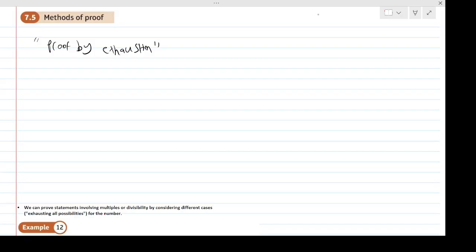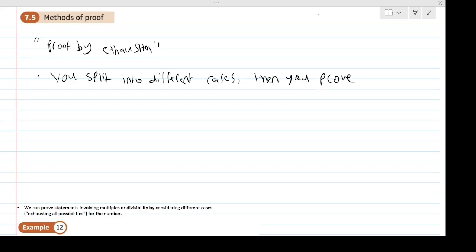Okay, with that in mind, you split into different cases, then you prove each case separately. Okay, and that's what we'll be doing.